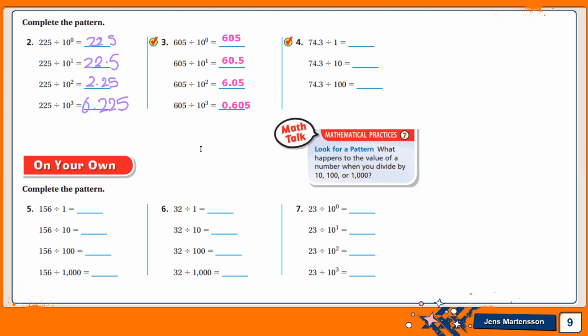Matab. Where's Matab? Matab? Muna? Yes, Muna. 74.3, sorry, divided by 1. 74.3.